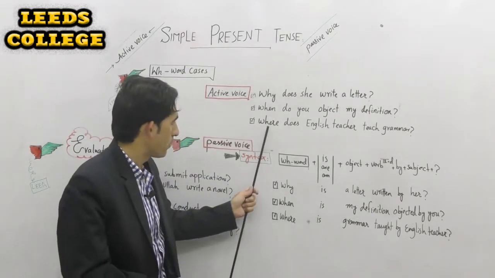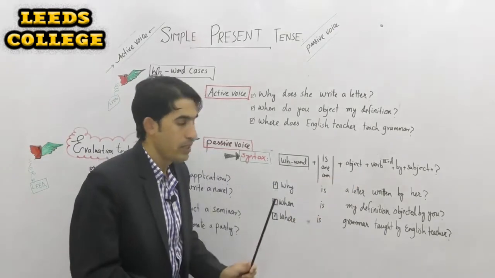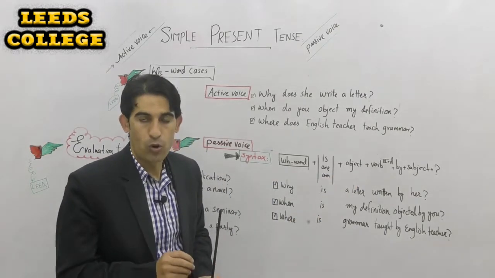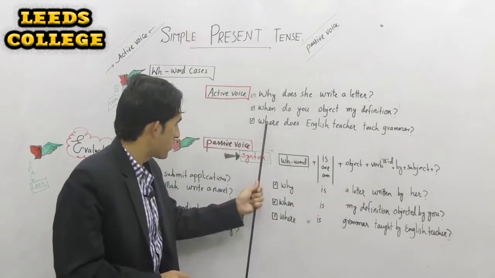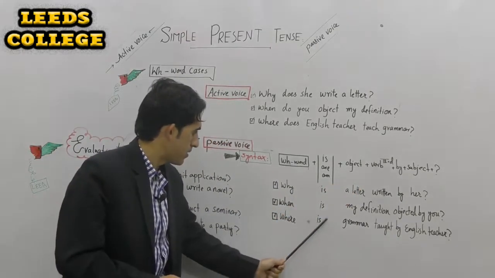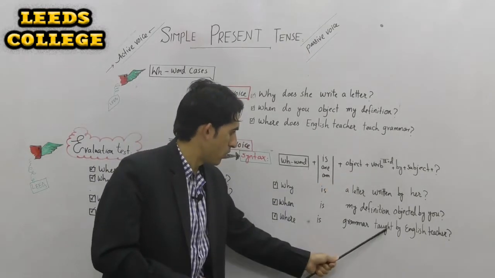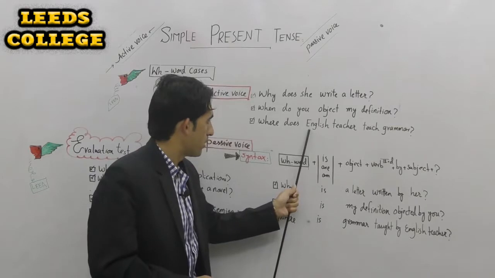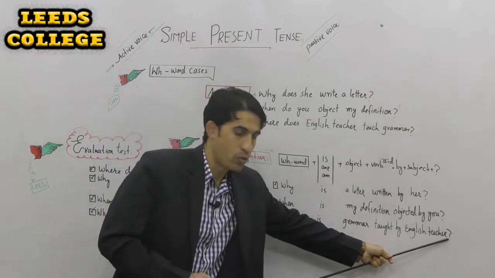The third case we have, where does the English teacher teach grammar? In the third case, the object is also singular, grammar. We take the same words: where, is, grammar. The past participle form of teach is taught, by, and the subject is the English teacher, and at the end we have the question mark.